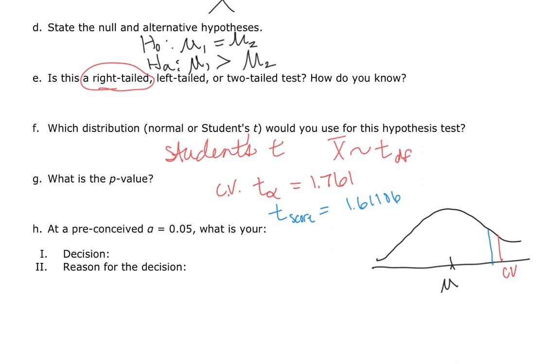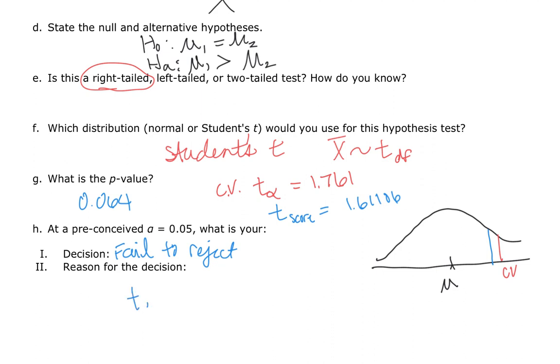So what is my p-value for that particular t-score? Well, my p-value for a right tail test is 0.064. So that's the p-value associated to this t-score. Now, this is the alpha 0.05. We can see that this number is larger. So the decision is fail to reject. And that's because of two reasons.